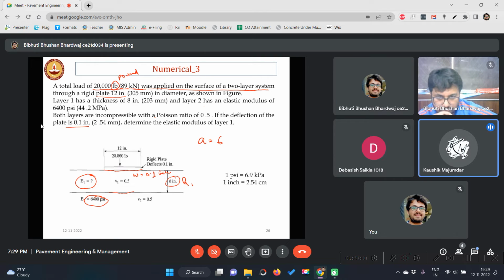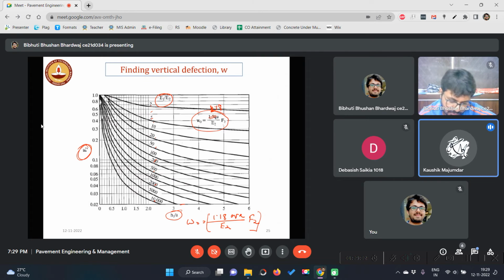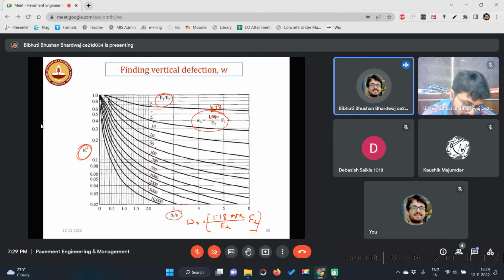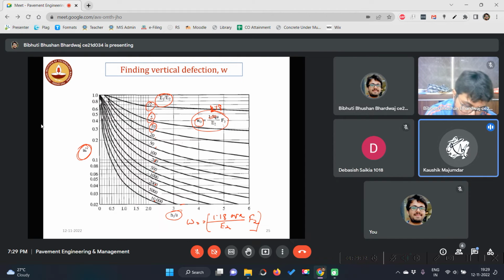Sir, are the curves given in the vertical deflection for E1 by E2? Yeah, E1 by E2. So basically you need to find out which curve, because you don't know E1 by E2. So first you need to find out W naught, which is given. I found out F2 as 0.054.